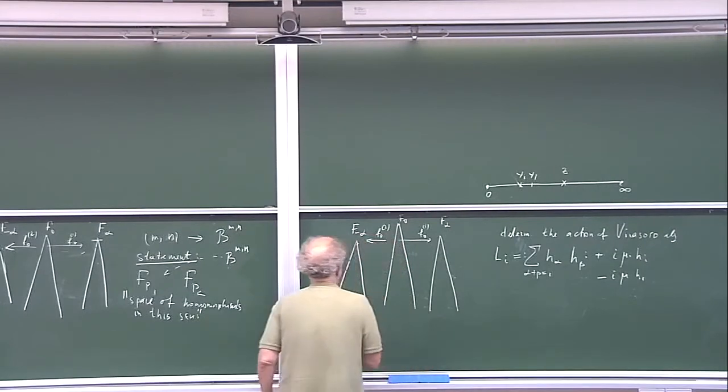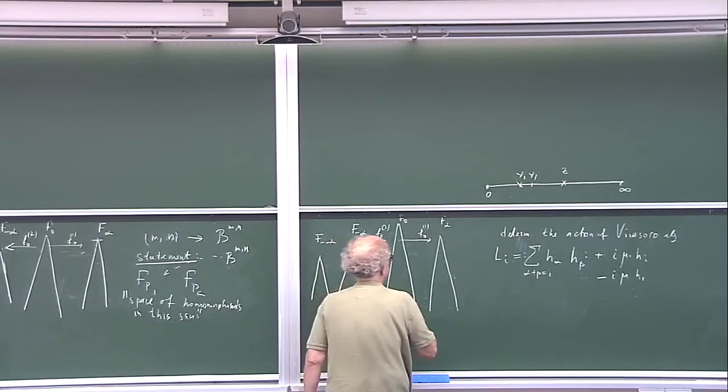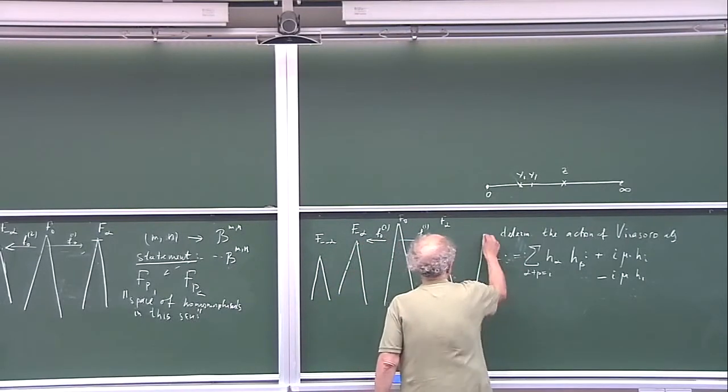But what is going on after that? We have here F minus 2 alpha, and here we have F 2 alpha.